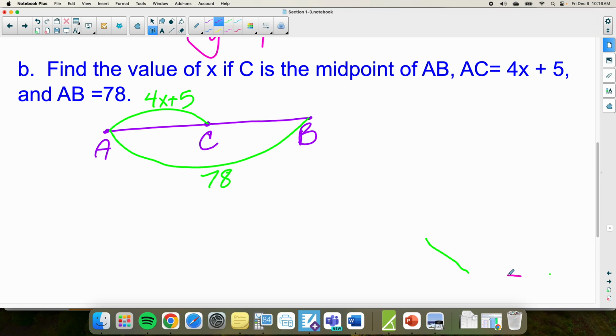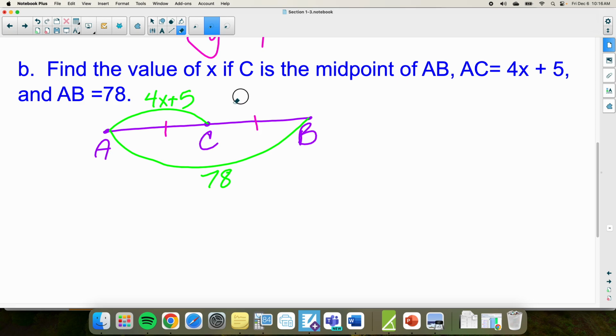Because it is the midpoint, that means these two pieces are equal. So it's a little bit different, but can you guys figure out what you would do there? Would it just be 4x plus 5 again? Yes. So do you guys get that?